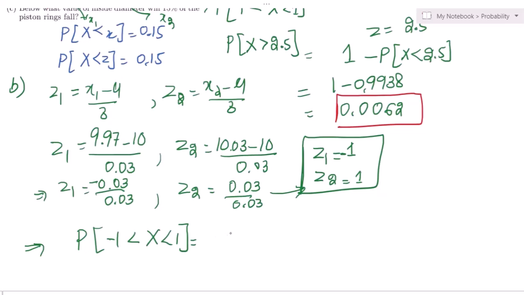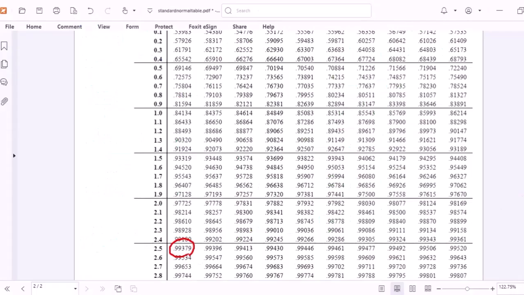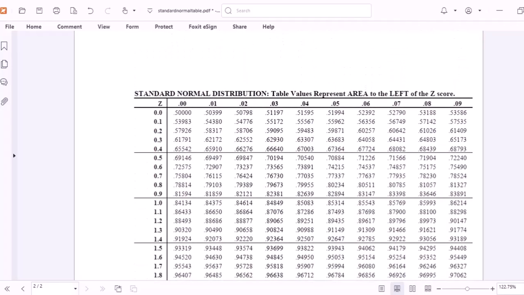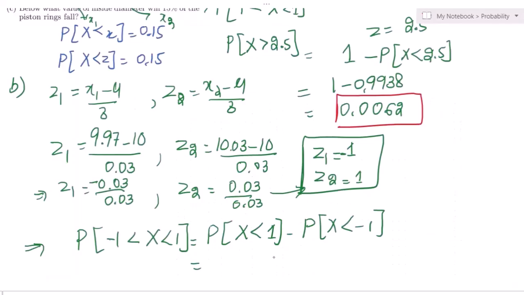And to find it out, we have to find here the probability that z is less than 1 minus the probability that z is less than -1. Let me find out these values. So z is less than 1, that is here 0.8413, minus the probability that z is less than -1.